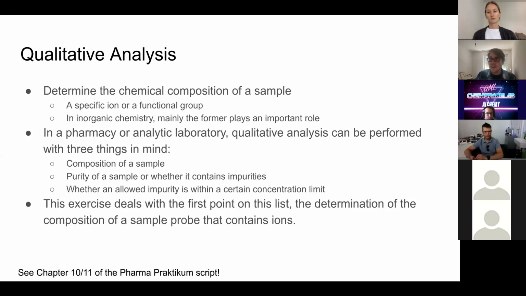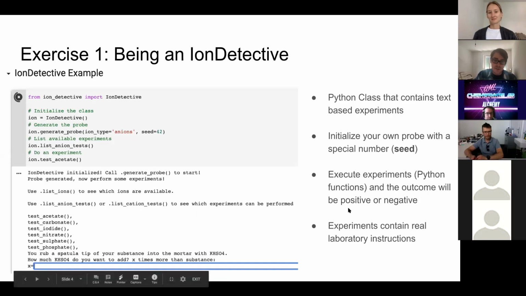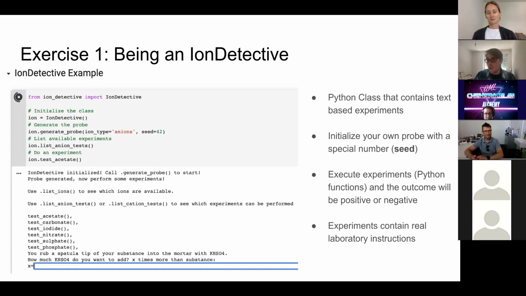Since it's some kind of detective work that you have to do, I figured I'd call this Python project Ion Detective. So you're in the role of being a detective, and your goal is to figure out what kind of ions are in your sample probe. Speaking a little bit in programming terms, what's behind this? Ion Detective is a Python class. I don't know if you've dealt with this in the introduction, but don't be scared.